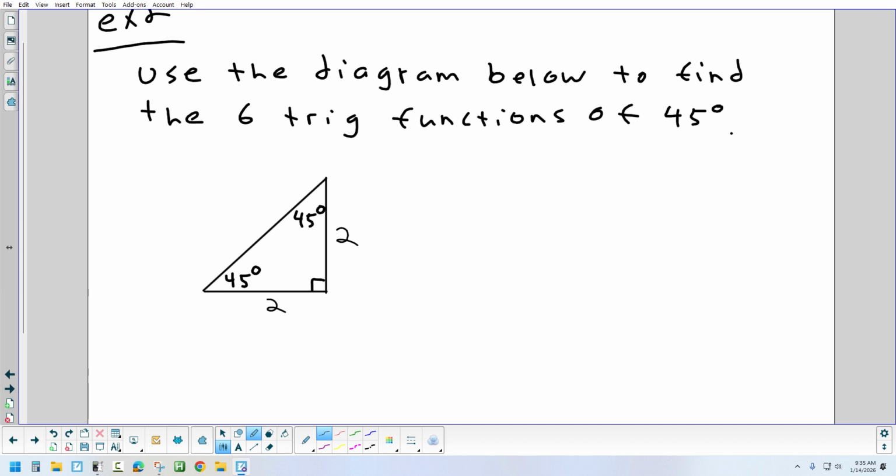And now we have to figure out the hypotenuse. 2 squared plus 2 squared, take the square root. 4 plus 4 gives me 8. And what's the square root of 8? Yep. 2 rad 2. Okay, so you've just created a properly labeled 45, 45, 90, and you can use it to figure out the trig functions. Okay. I'm just going to do the first 3.